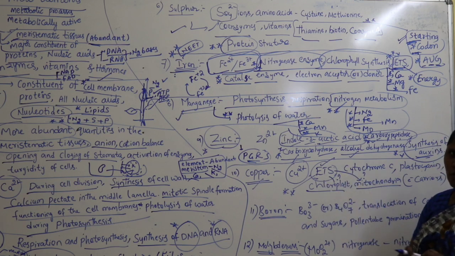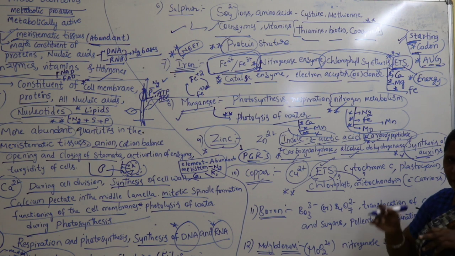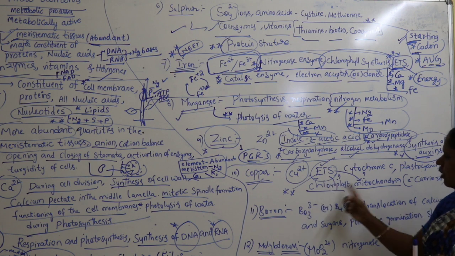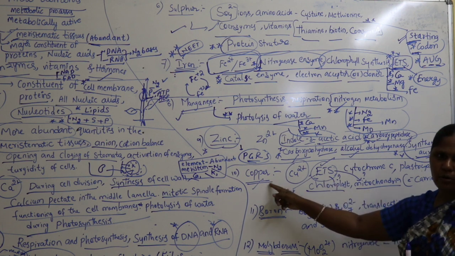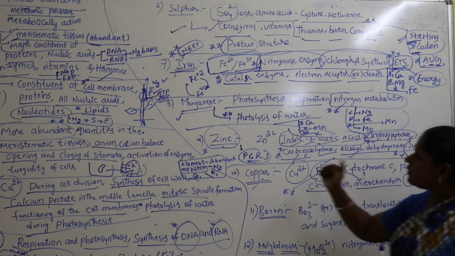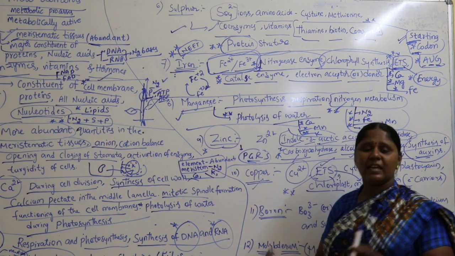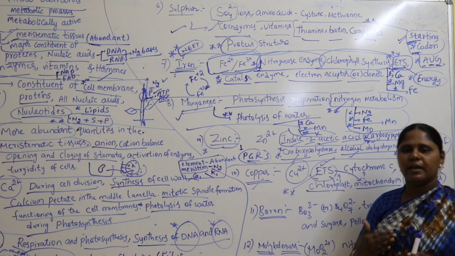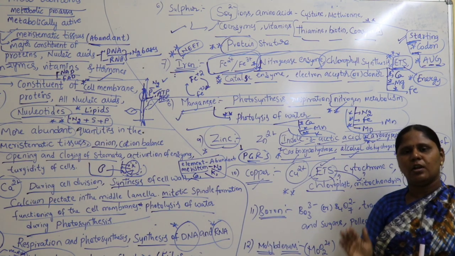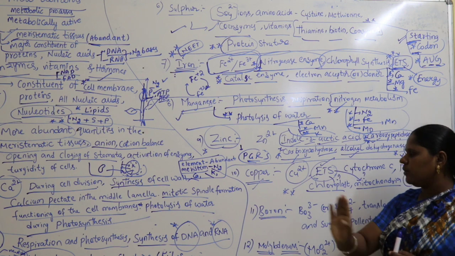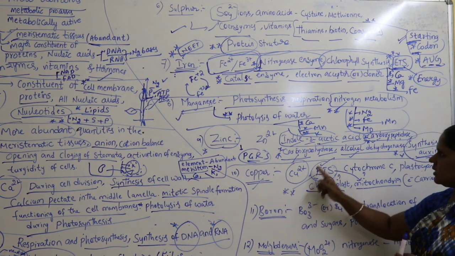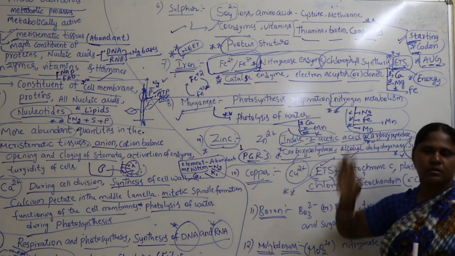We are going to study thoroughly, but try to remember at present that these are operated by which element, copper; these are operated by which element, zinc, iron, like that, because these elements carry electrons. That's why they play an important role in the electron transport system. For today you remember copper plays a role in ETS, iron plays a role in ETS.